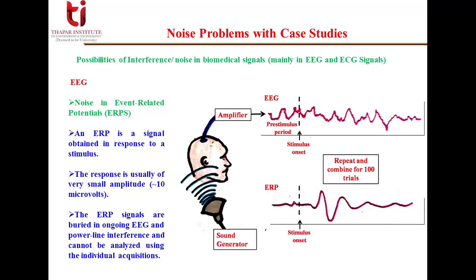As you can see in this figure, the stimulus is basically a sound. Now if you look at the EEG signal, the large background oscillation makes it impossible to detect the evoked response from a single trial, but averaging across tens or hundreds of trials removes the background noise, leaving the ERP.